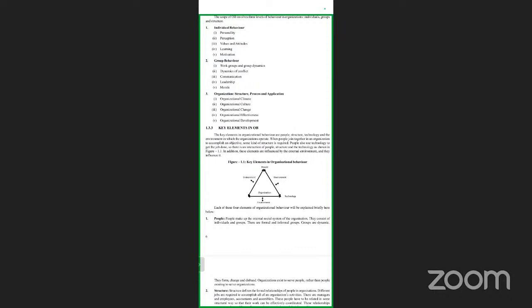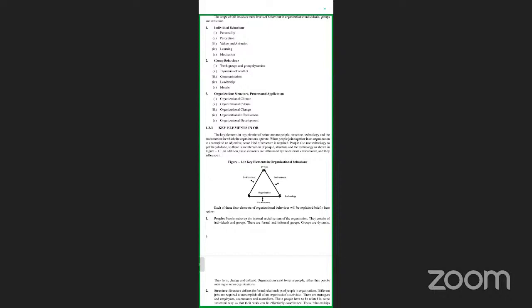If you look at individuals, there are 5 elements which are focused on: personality, perceptions, values and attitudes, learning, and motivation. Followed by groups, again we have 5 elements: work groups and group dynamics, dynamics of conflicts, communication, leadership, and morale. Where people work in a group, two or more people, there is definitely some conflict.